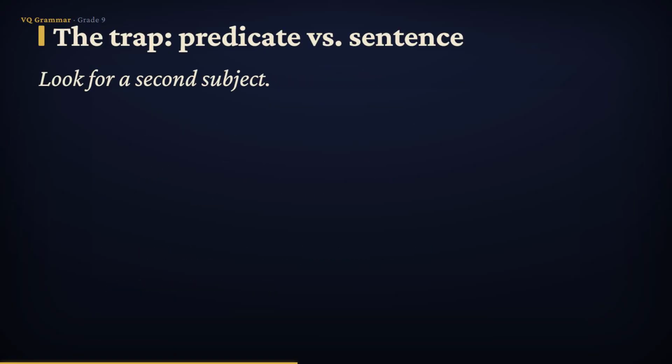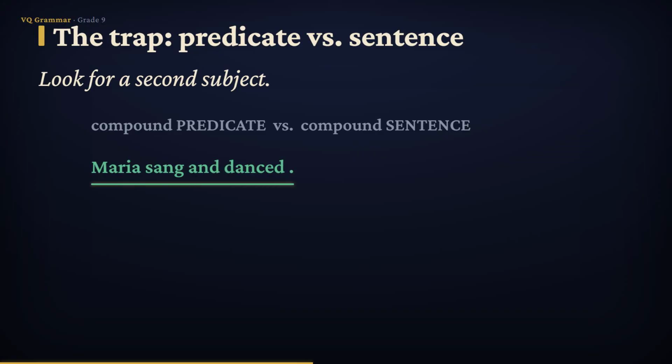Before we practice, let me show you the single trickiest trap in this whole lesson. Telling a compound predicate from a compound sentence. Look at these two. Maria sang and danced. There's one subject, Maria, doing two things. One subject, two verbs. That's a compound predicate, and the sentence is simple.